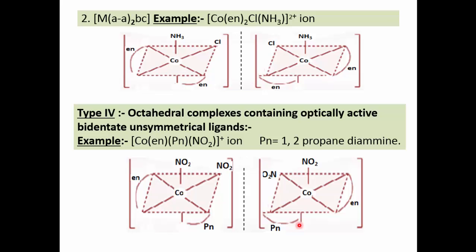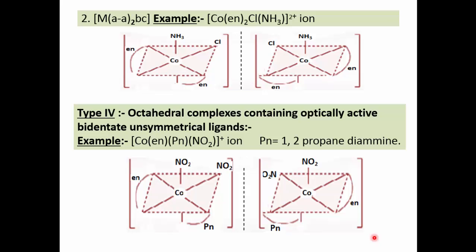When these isomers are placed one over the other, we find that they are not superimposable, they are different structures, and in this way this compound shows optical activity. So friends, today we have discussed what optical activity is, what optical isomerism is, and optical isomerism in coordination number 4 complexes, tetrahedral and square planar complexes.